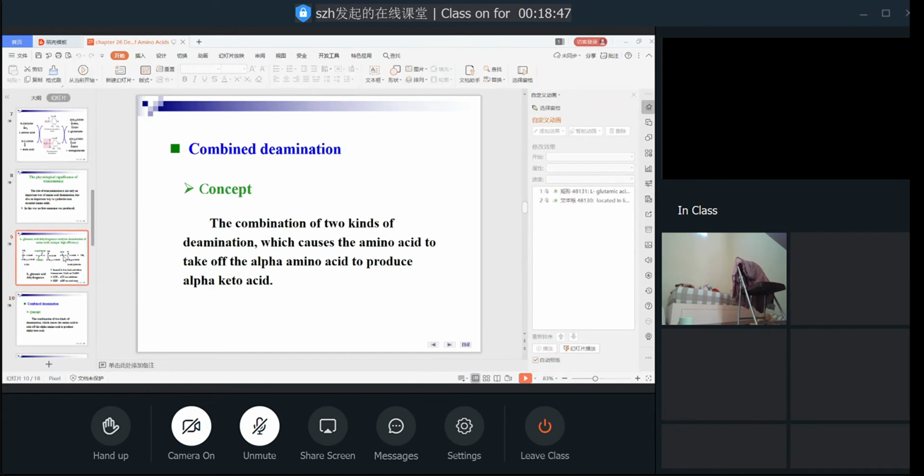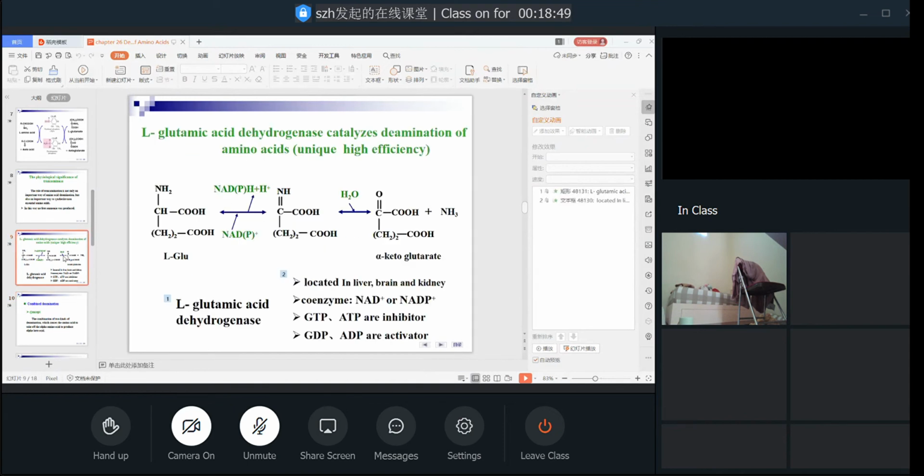So GTP and ATP are the end products, the terminating products, and GDP and ADP act as the activators. Some students may think, why choose this kind of amino acid? Because this enzyme has the highest efficiency. So all kinds of amino acids, through transamination, produce the glutamate.